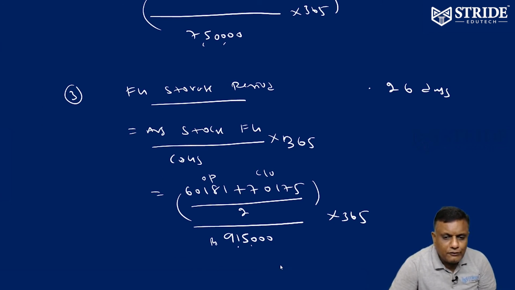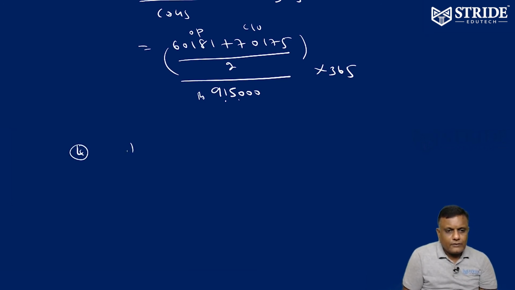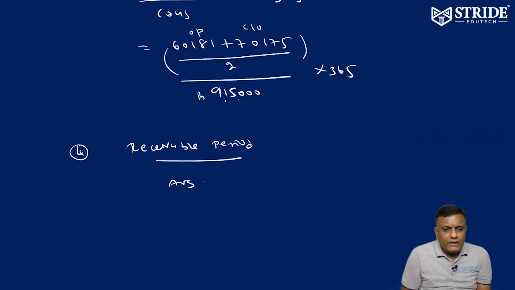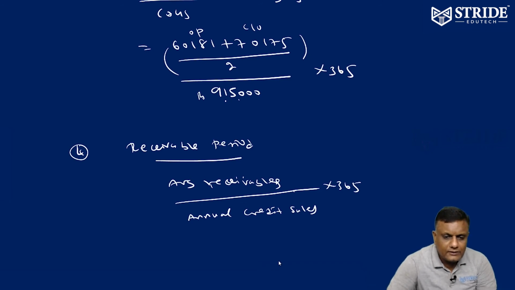Right. Number 4, receivable period. Receivable period is equivalent to average receivables by annual credit sales into 365.